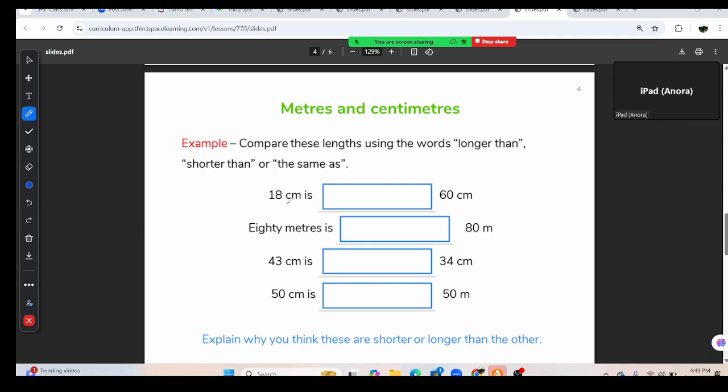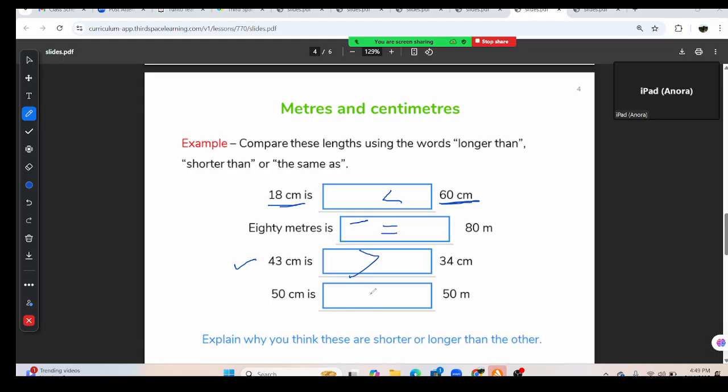Now you can do it. Compare which one is longer, 18 centimeters or 60 centimeters. 60. Exactly. Then, equivalent. Yes. Very good. Next. Longer than. Yes.